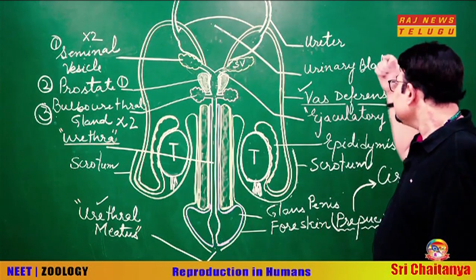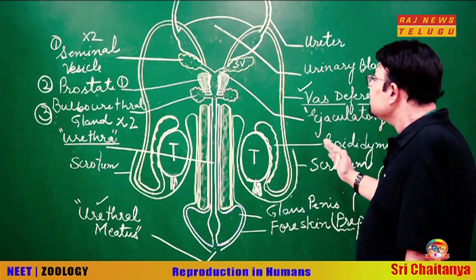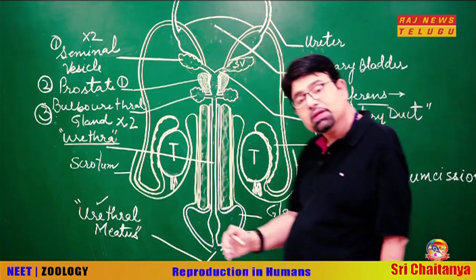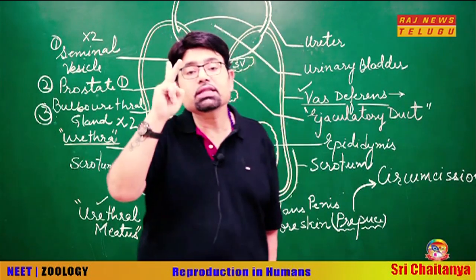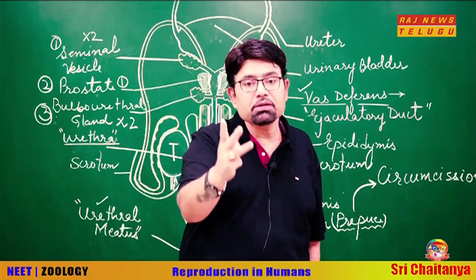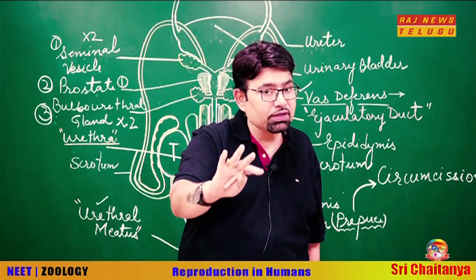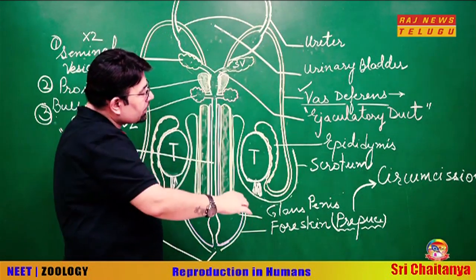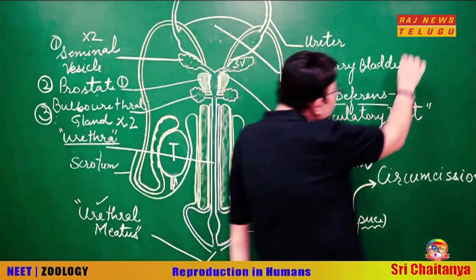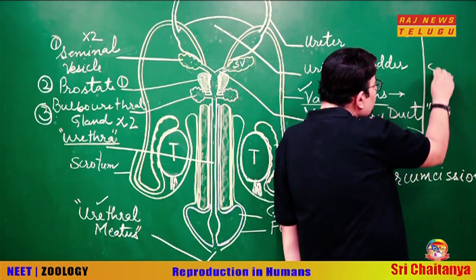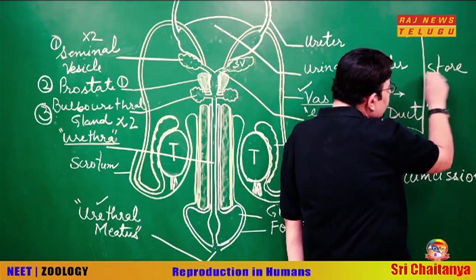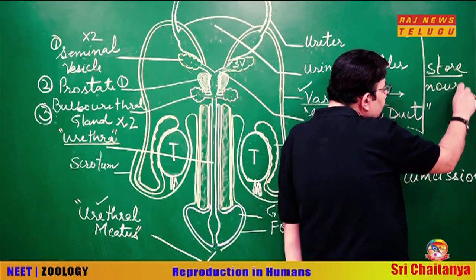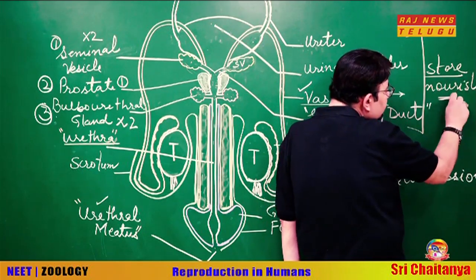Now, my dear students, the accessory reproductive ducts in males, recall them: rete testis, vasa efferentia, epididymis, then vas deferens, and the ejaculatory duct. All of them can store the sperms and can also nourish the sperm.